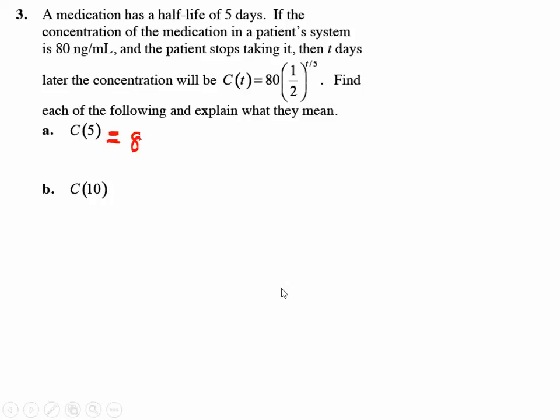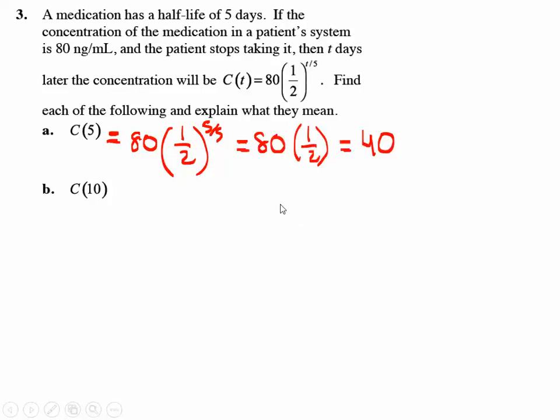So hopefully you plugged in the 5 into this equation. That made 80 times a half, because 5 over 5 is just a 1, and then we get ourselves a little 40. So what in the world does this mean? I have to know what the T means. 80 nanograms per milliliter. The patient stops taking it, then T days later the concentration will be this.